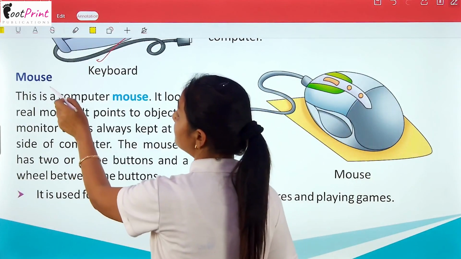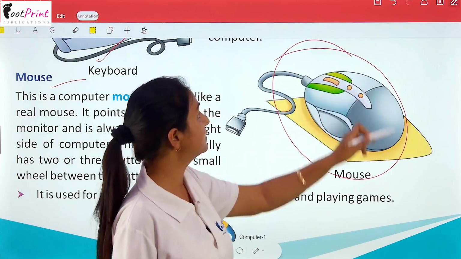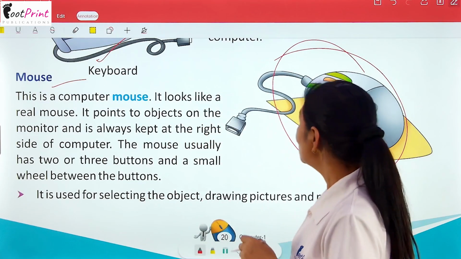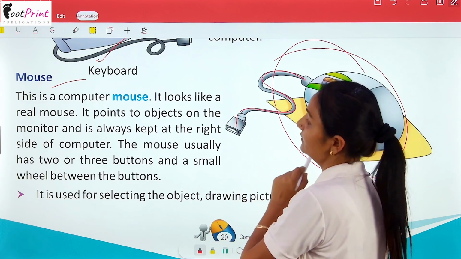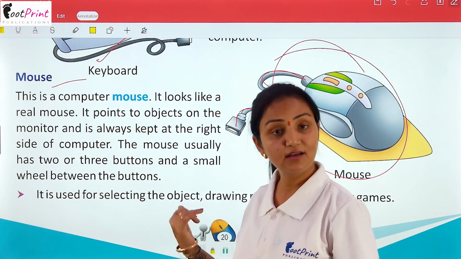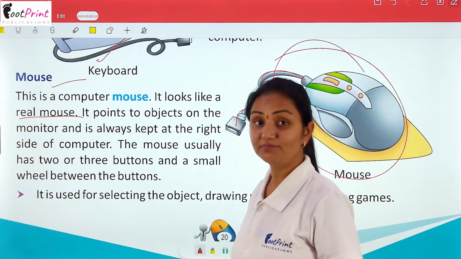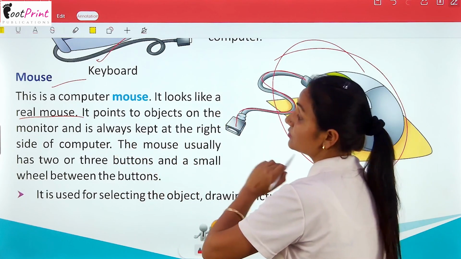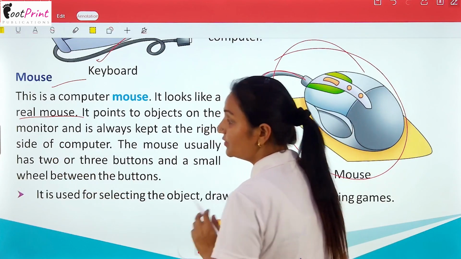Next one we have the mouse. Students, as you can see here, this is the mouse. Not actually, but it seems like that. As you can see, one wire is also going from here. This is a computer mouse. It looks like a real mouse, but it points to objects on the monitor and is always kept at the right side of the computer.